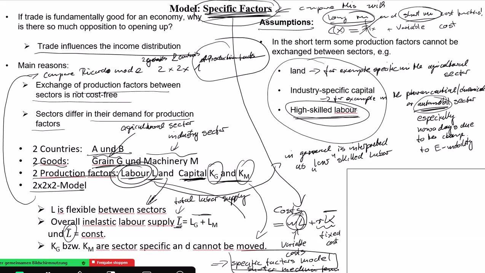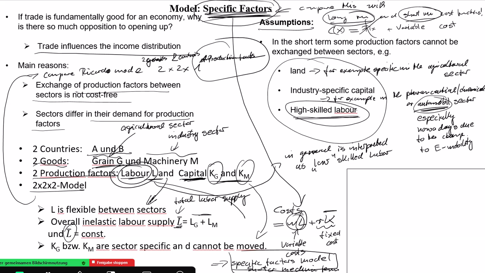And there we also argued that when we are arguing that there are specific factors, then this directly means that this is a short-term or medium-term view, comparing to the general interpretation of costs, where you also say in the short and medium term you have fixed costs, but in the long run you have only variable costs, because you can then sell the investment which you made sometime.